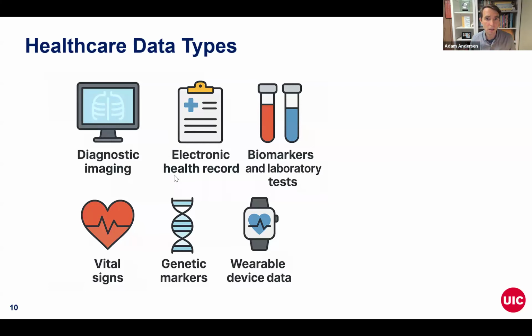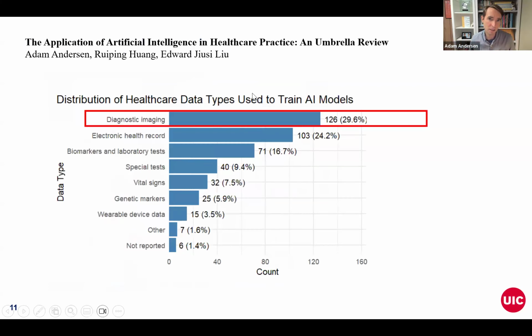So in the past year, I worked with my co-authors, and I'd like to shout out Juju, one of my co-authors, to review all of the different reviews that have been done focusing on applications of artificial intelligence in healthcare practice.